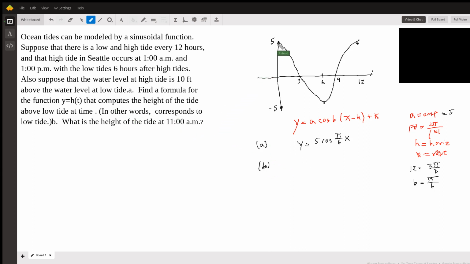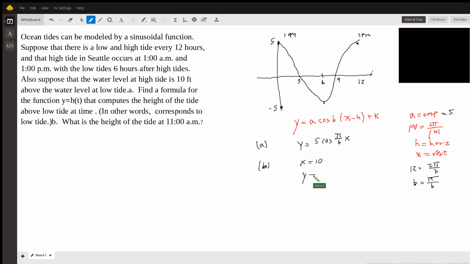Well, this represents 1 a.m. The high tide is here at 1 a.m. and 1 p.m. So 11 a.m. would mean that x is 10, because it's 10 hours after 1 a.m.